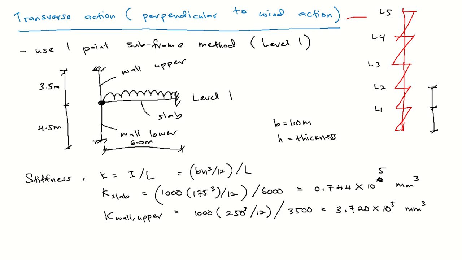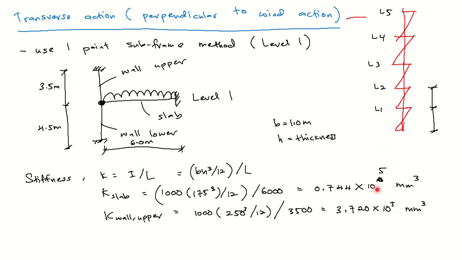So try to get the exponent here to the same power. You might get 7.44 times 10 power 4. But to make it easier for the next step, we use the same power of exponent. If this is 10 power 5, here should also be 10 power 5.